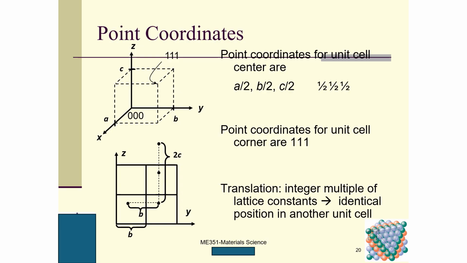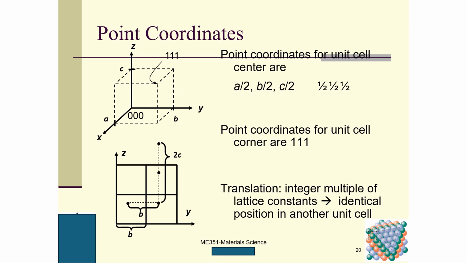And so for the cell center, the coordinates equal half A, half B, and half C. If we divide these numbers by the respective lengths, we have 1/2, 1/2, 1/2.